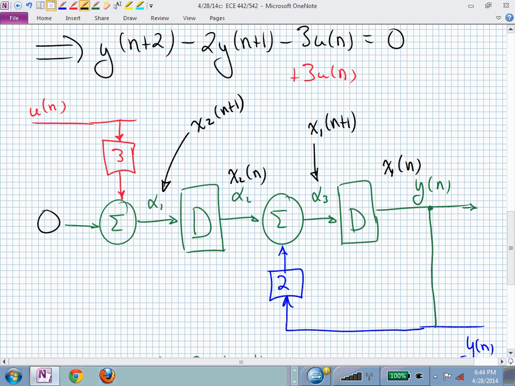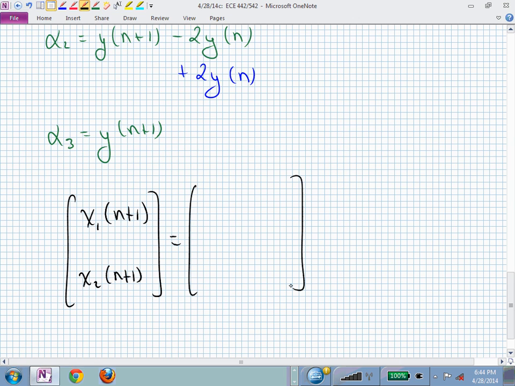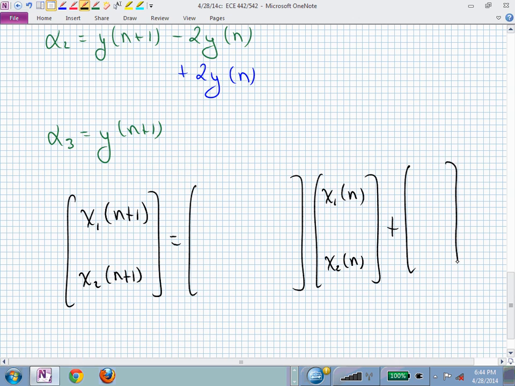So that now I can create my state space representation. I have x sub 1, x sub 2, both at n plus 1. Those will be a square 2 by 2 matrix, x1 of n, x2 of n, plus a 2 by 1 input matrix times u of n, I only had one input.